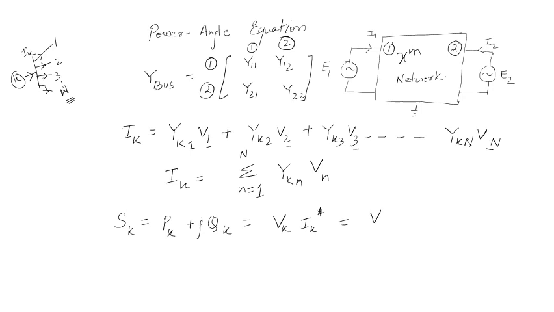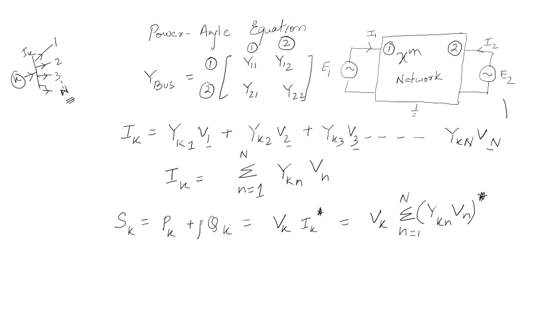So in place of Ik I put the summation of Ykn Vn, and the most important part is the conjugate. Okay, so this is how I have written the power equation.